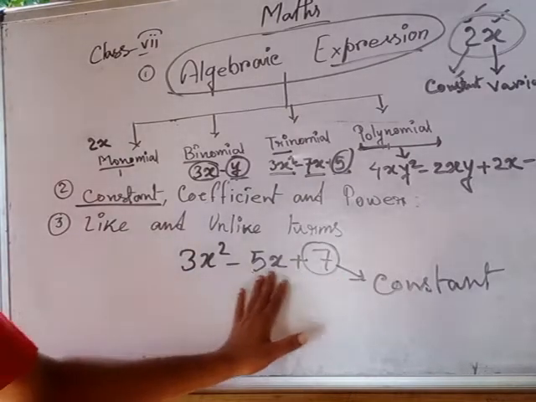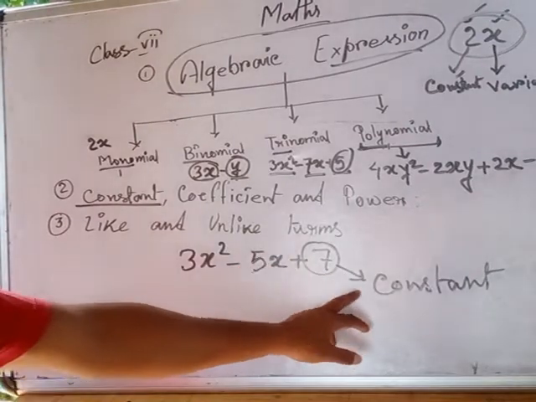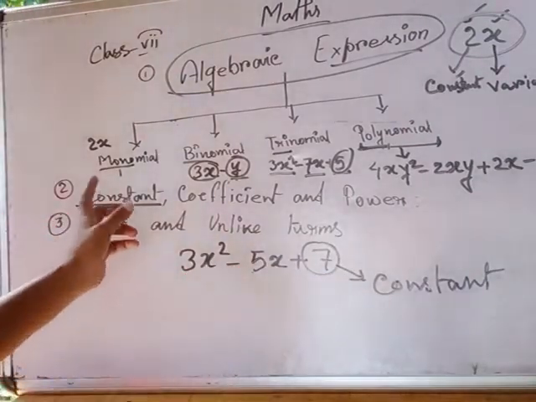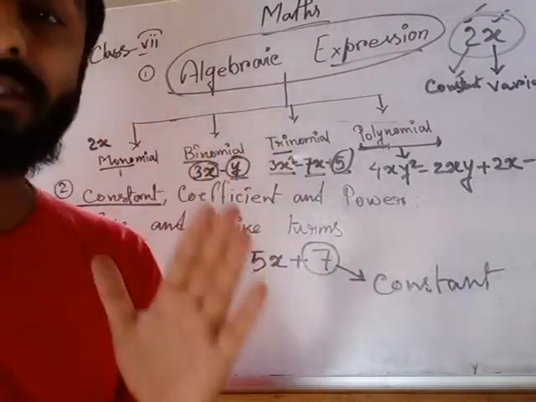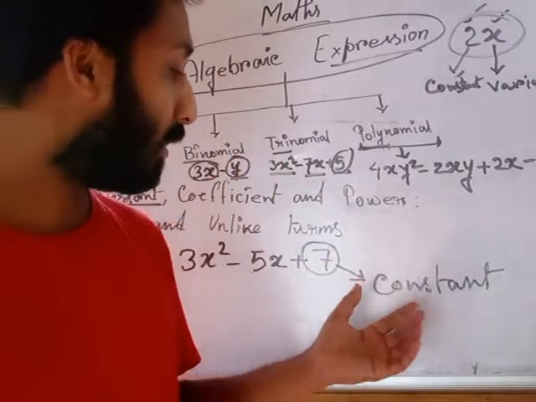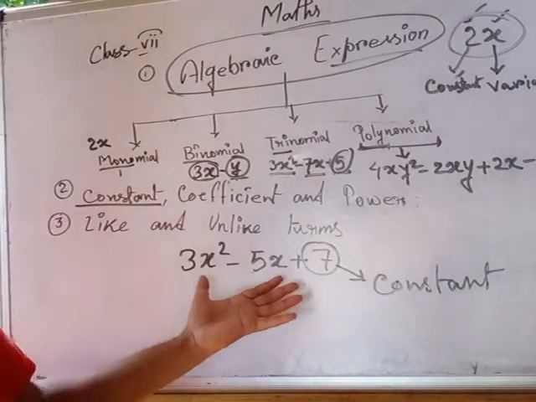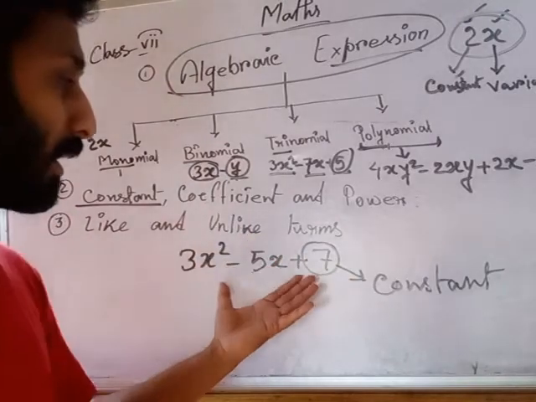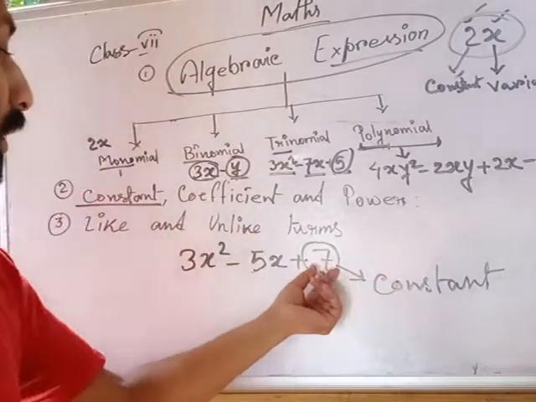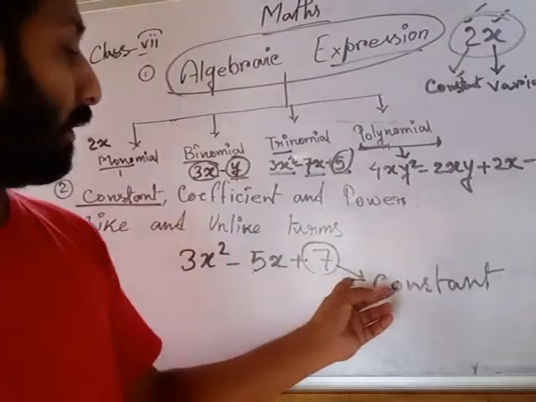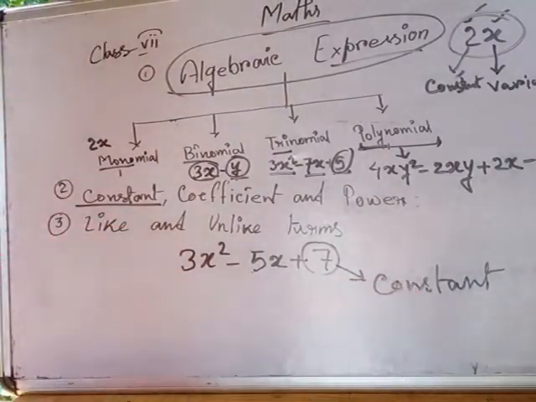From these trinomial terms, 7 is a constant, because a constant is the part of the algebraic expression which does not have any variable.